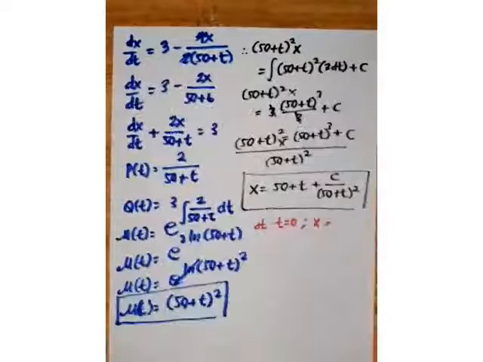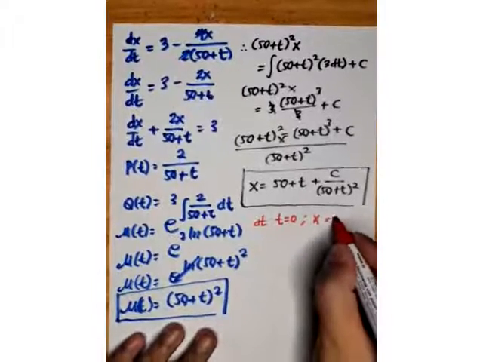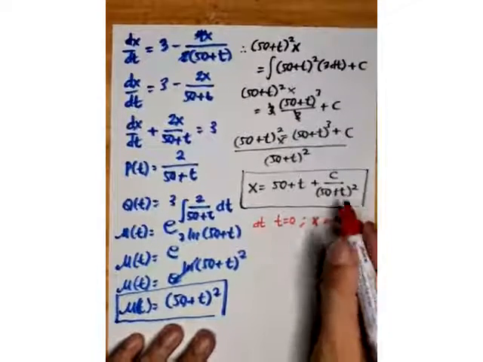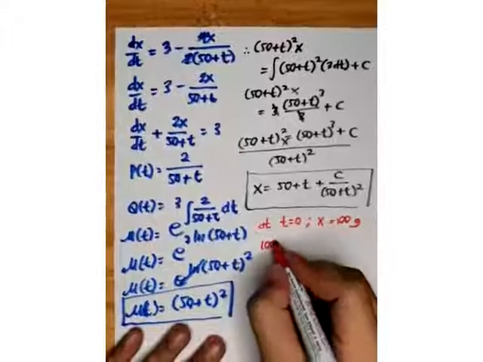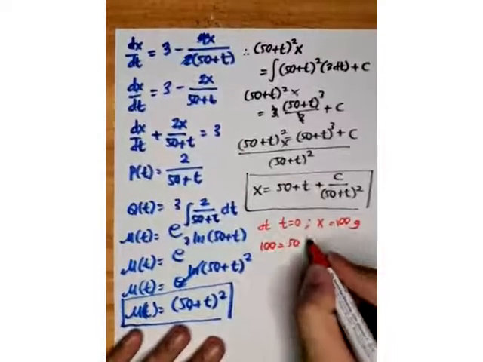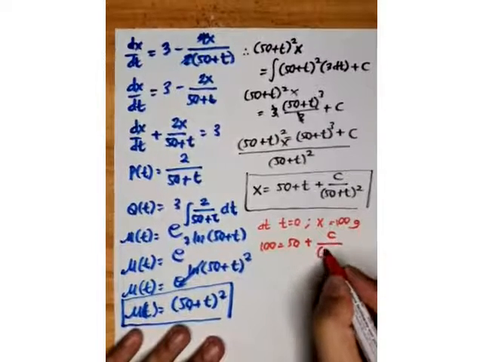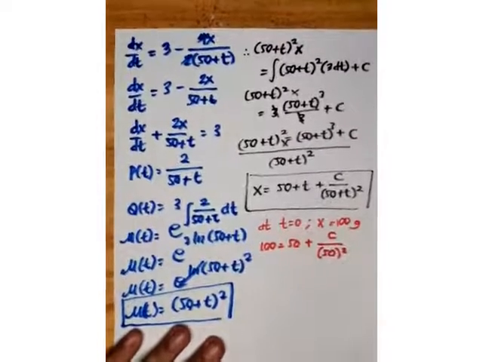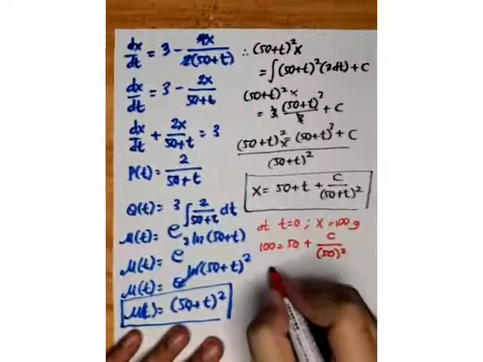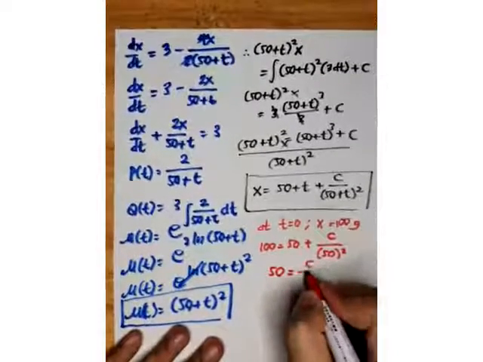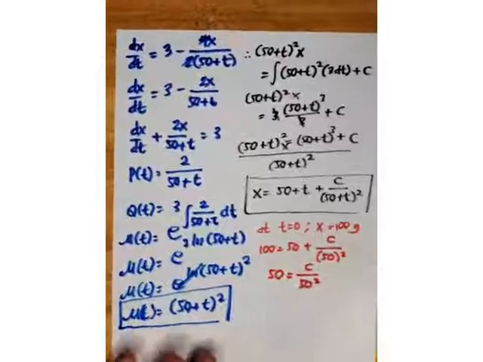Then apply that to our formula. So 100 is equal to 50, plus c over 50 squared. So 50 is equal to c over 50 squared.